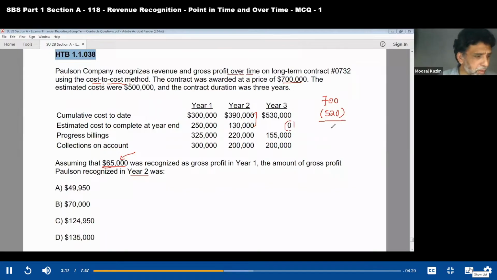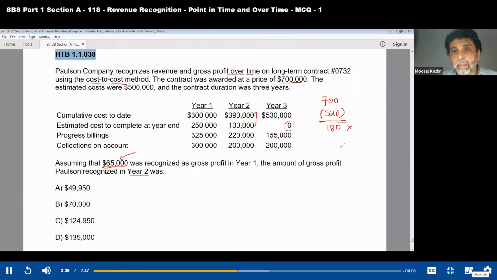So the cumulative project profit standing is 180. 180 profit is there. This is the cumulative profit to date, because we have taken the sales price minus the total cost.